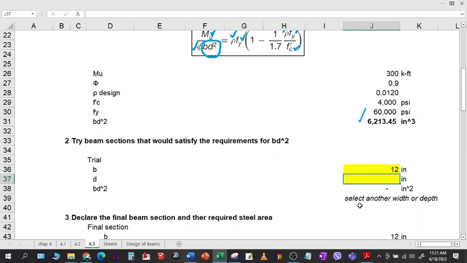First, we try, let's say, 16. Obviously, if you multiply 12 times 16 squared, this is the answer, and this is obviously smaller than 6,213. So there is a comment here: select another width or depth, because the bd squared does not satisfy the requirement.